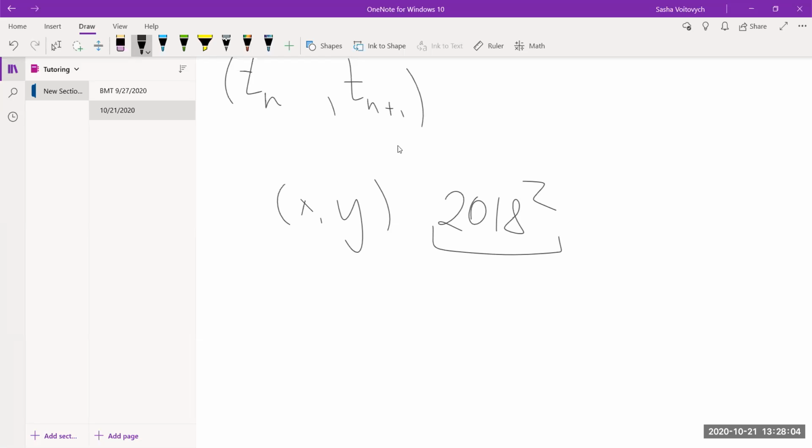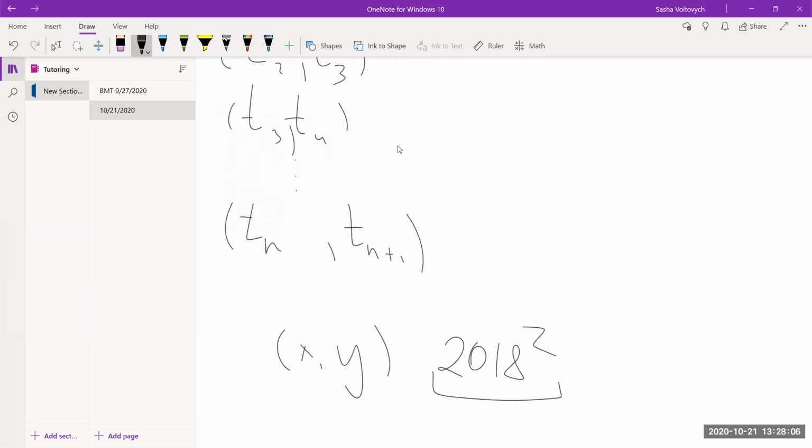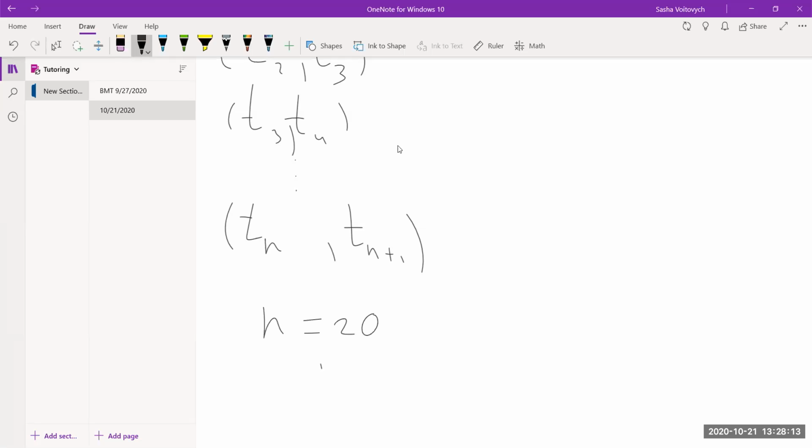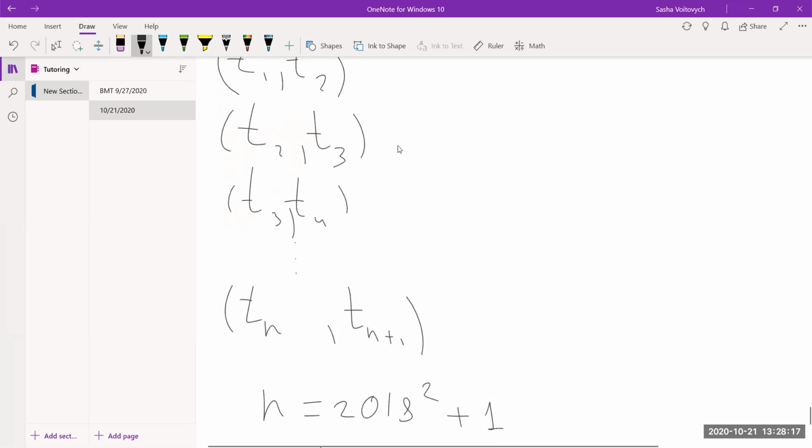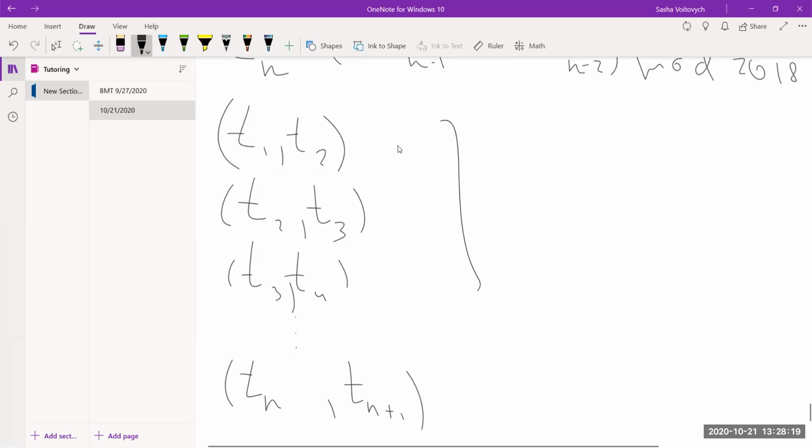All right. Then if we take n equal to 2018 squared plus 1, there will be at least 2018 squared plus 1 pairs, and there are 2018 squared possible values that those pairs can take.